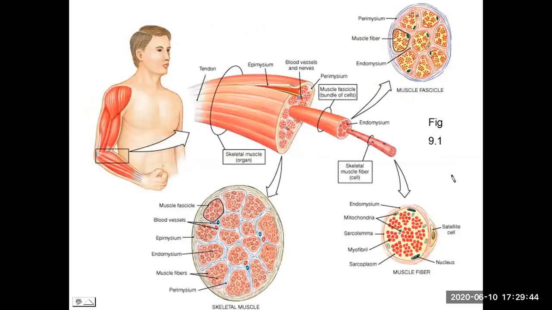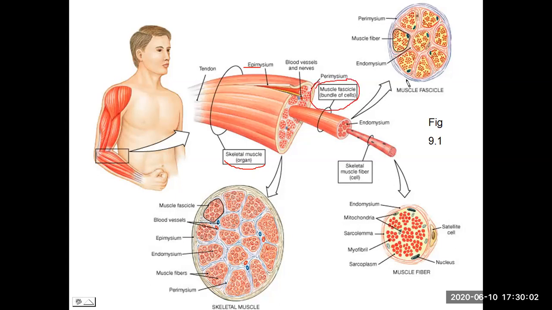So to see that here, we'll start at the large scale. So the entire muscle organ wrapped in that external layer of the epimysium. You could break it apart into the multiple fascicles. That's what we see here.